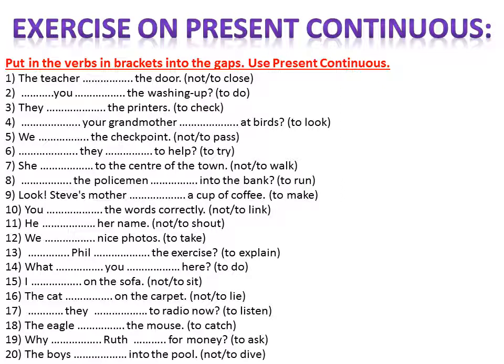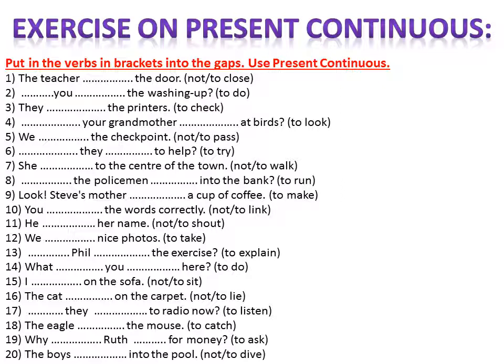Number 6. They, to help, to try. Are they trying to help? Number 7. She, to the center of the town. She is not walking to the center of the town. Number 8. The policeman into the bank. Are the policemen running into the bank? Number 9.